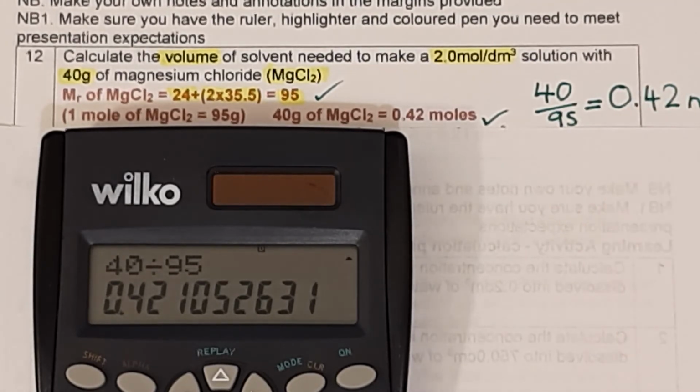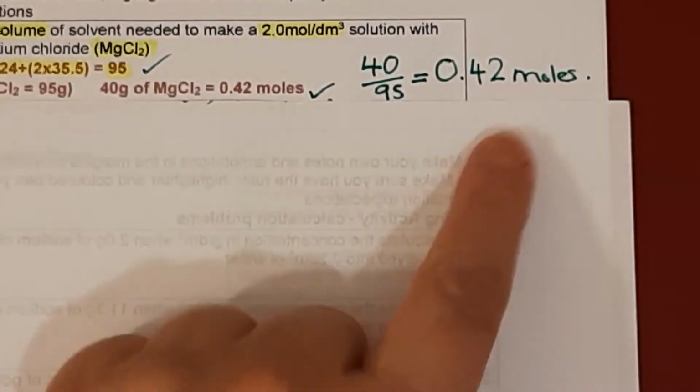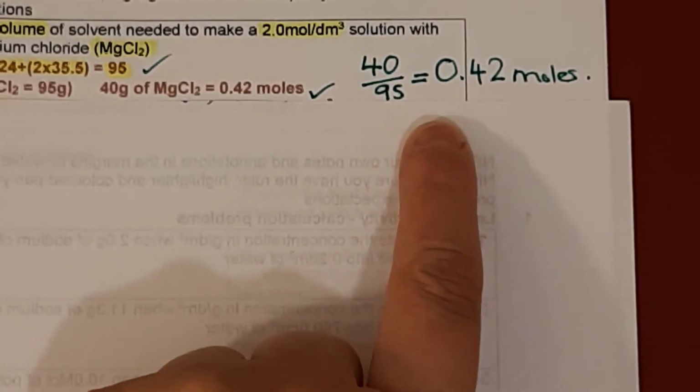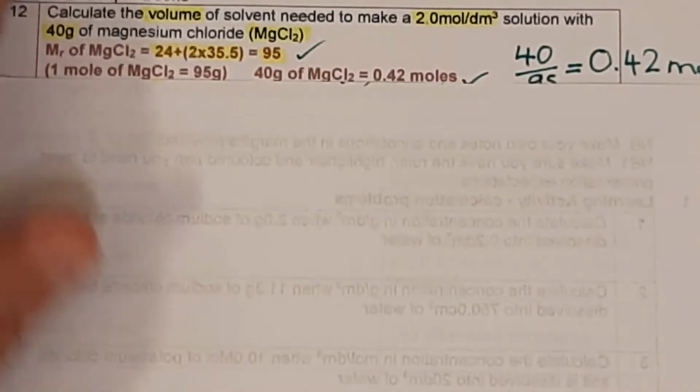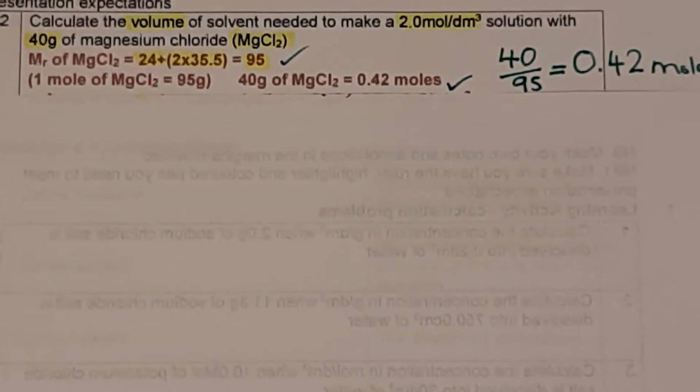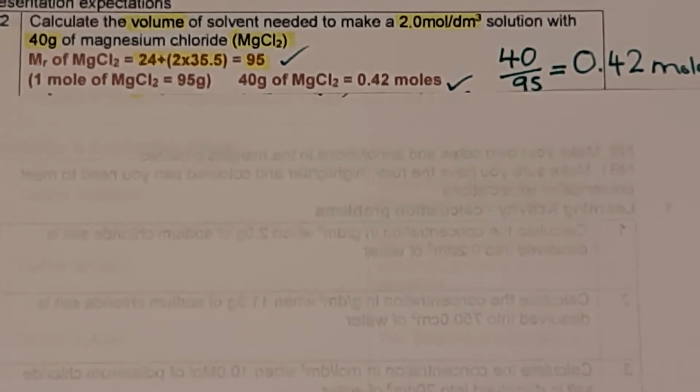So that's how we calculated that. Now, there are no marks for showing this part, but I want to show you how we got there. So 40 grams of magnesium chloride is 0.42 moles of magnesium chloride.